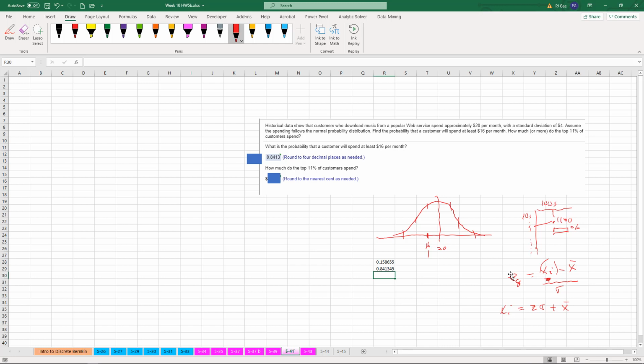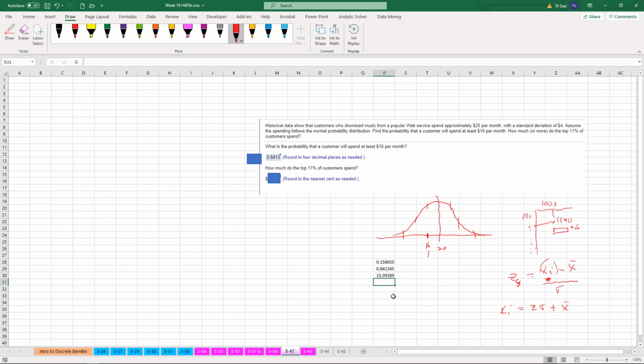Now, let's try the NORM.INV. What's the probability? I think we got it here. So the inverse of the normal is: give me a probability of 0.1. I'm reading back up at the top here to make sure we're doing this right. The mean is 20 and it wants the standard deviation.